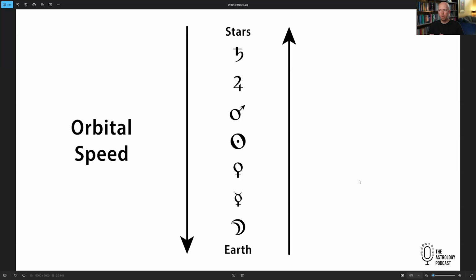Then, based on the orbital periods of the planets, especially the tropical periods of returning back to a single degree of the zodiac, you have the moon, then Mercury upwards, then Venus, then the sun, then Mars, Jupiter, Saturn, and then finally the fixed stars.